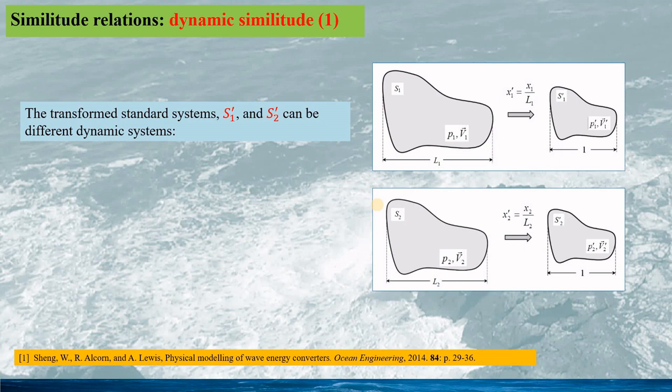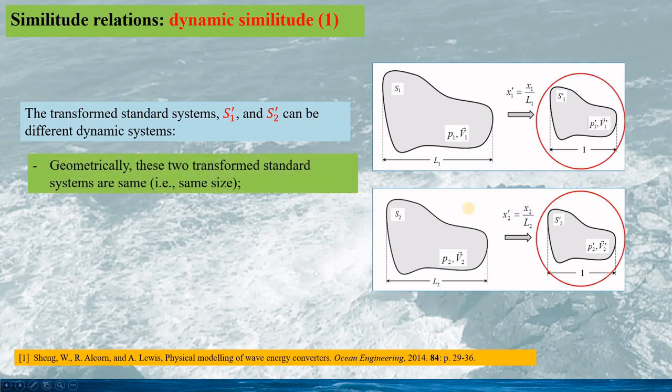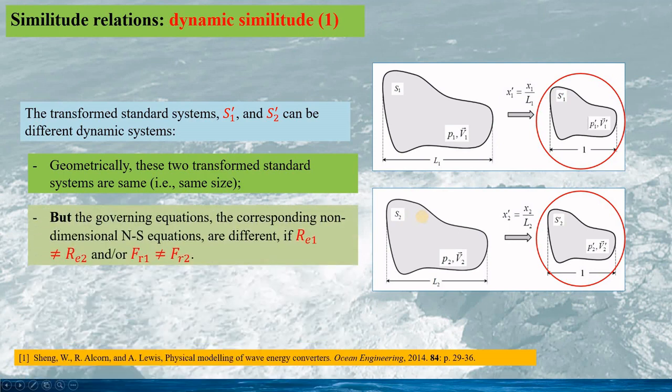Now we can compare these two transformed standard systems S1 prime and S2 prime. Geometrically, these two transformed systems are the same, we can see here, but dynamically they are different because their governing equations, the corresponding non-dimensional Navier-Stokes equations, are different.